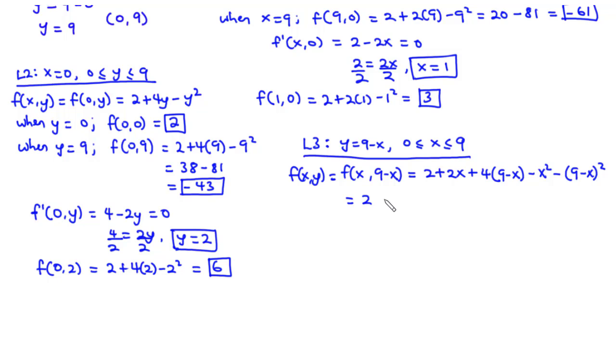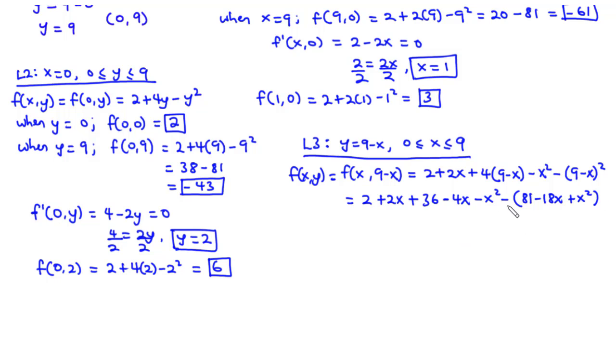We are going to have 2 plus 2x plus 4 times 9, that is 36, minus 4 times negative x, so that becomes negative 4x, minus x squared, minus, now we have 9 minus x all squared. So 9 times 9, that is 81. 9 times negative x is negative 9x. Negative x times 9 is also negative 9x. So that becomes negative 18x. And then negative x times negative x becomes plus x squared.